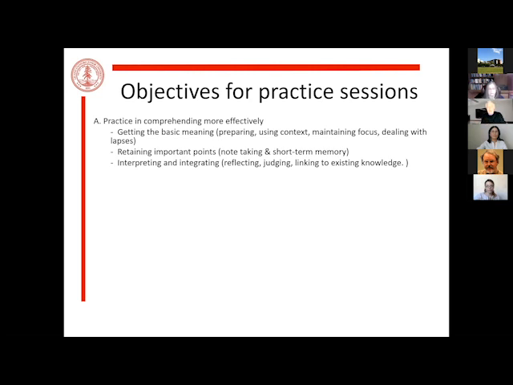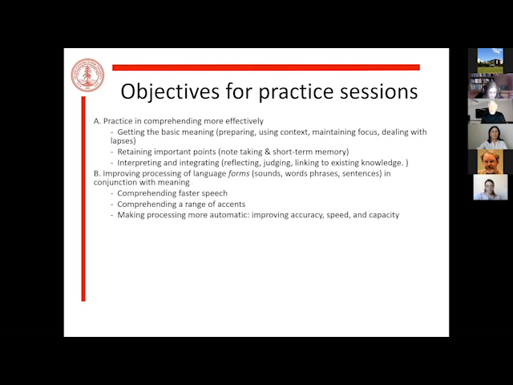The first is practice in comprehending more effectively. So not just comprehending, but getting better at it, including practice taking notes and doing a short summary at the end of what you remember and so on. I also really push, because I'm a linguist, processing.